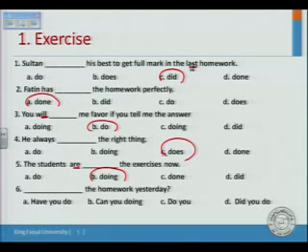So the answer is D. Did you do? And here do is the main verb. Did you do? Okay, students, so these are some examples on how to deal with do, whether it is a helping verb or a main verb. Yeah.